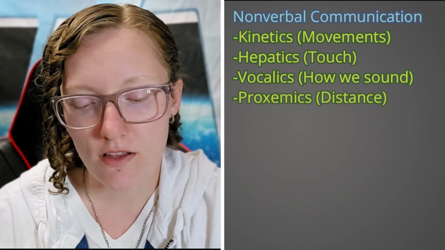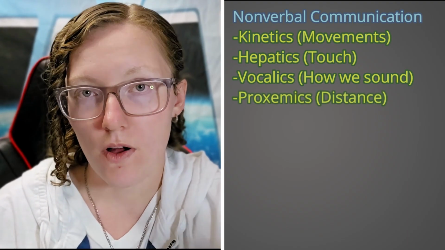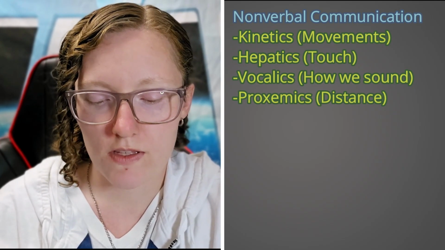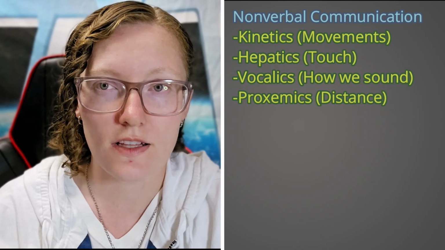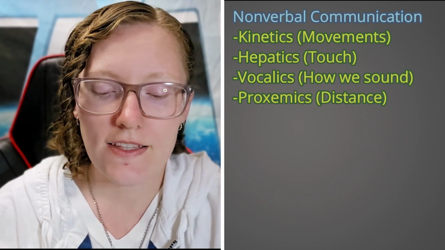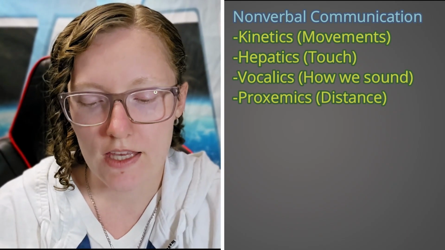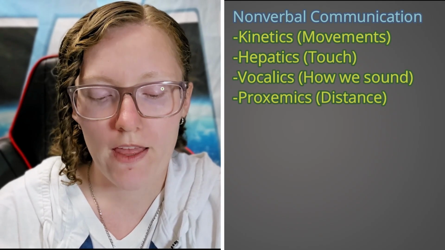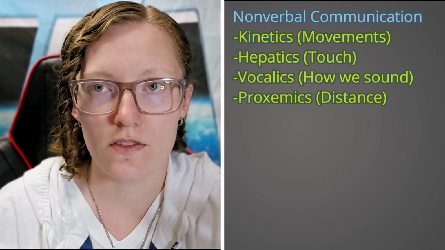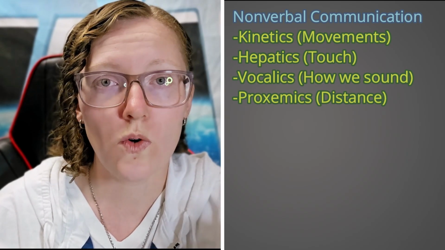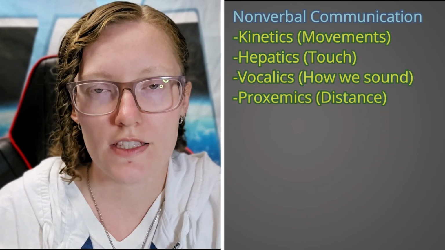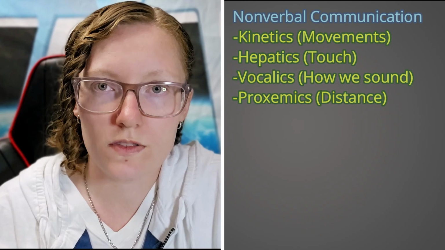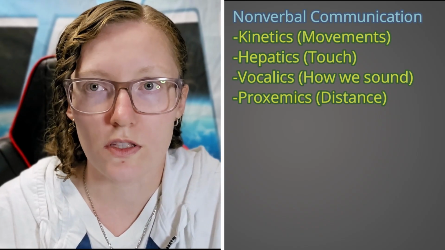Proxemics. Proxemics are things about how far away we are. This is an important part of our communication because it can change the whole feel of what's going on. They say that in public, it's reasonable to be communicating with people up to 12 feet away. In a social space, you're looking at between 4 to 12 feet to be communicating and interacting with people, noticing their non-verbal communication.